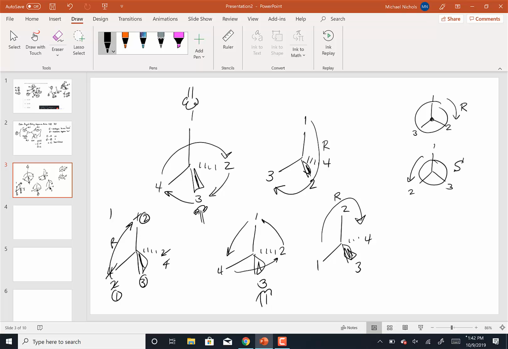I'm grabbing and rotating. Now, when I move 2 into 3, 3 into 4, and 4 into 2, did anybody have a sense of deja vu? What was your sense of deja vu? Exactly. This is exactly what we did with the Newman projection from a different perspective.